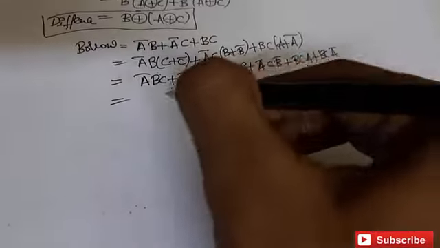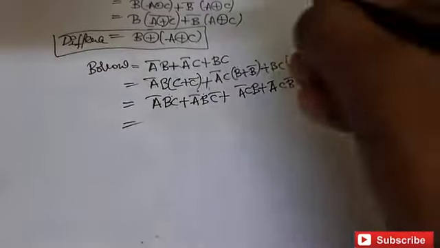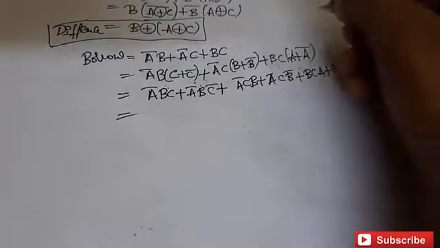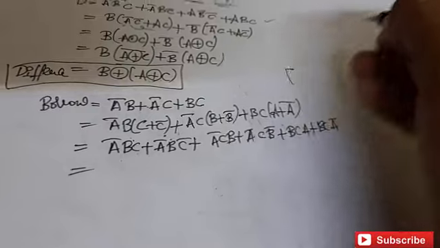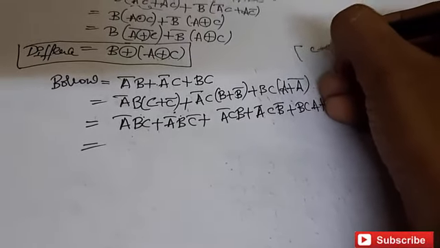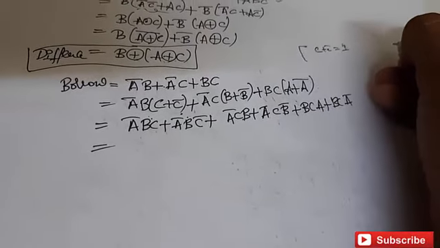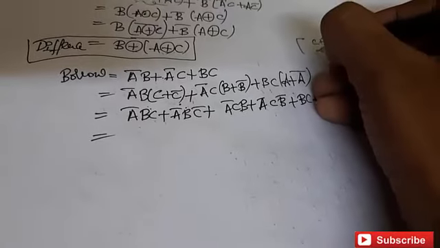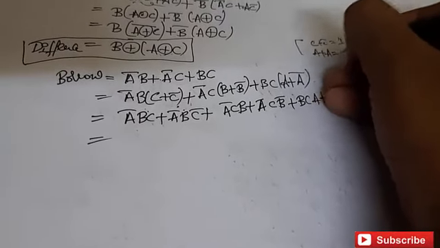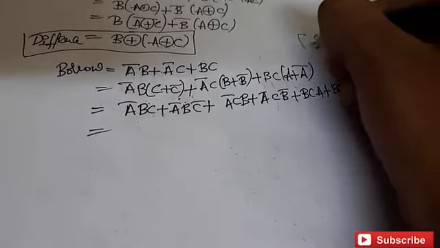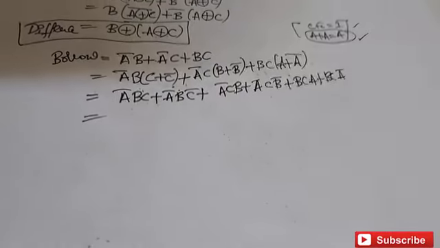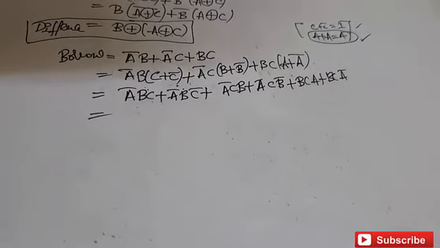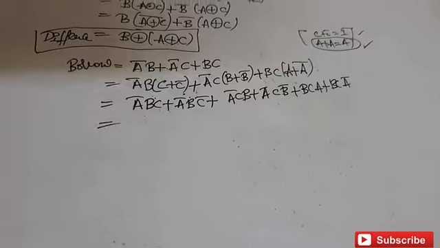Here C plus C bar is equal to 1, and A plus A is equal to A. I already taught you this rule in the classroom session.